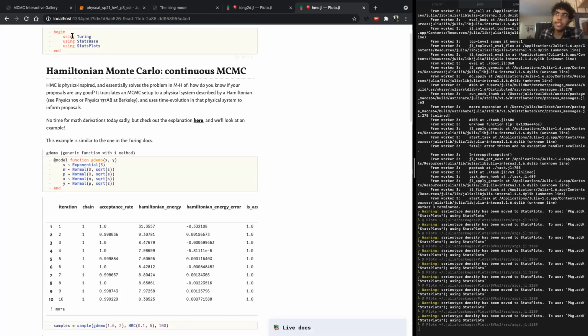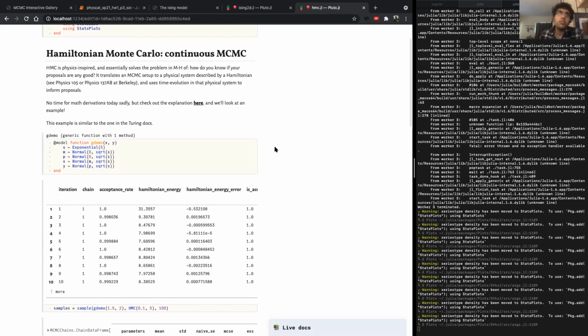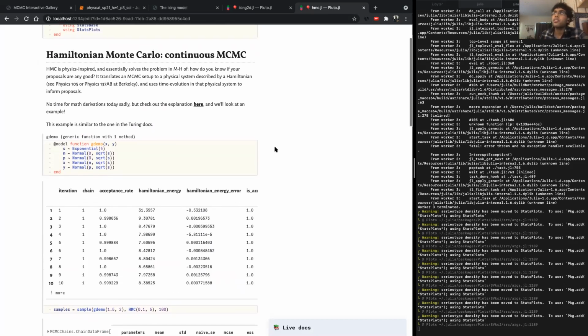So what I'm showing off today is also how this is really done in Julia in the Turing library, which has a bunch of cool MCMC techniques and a bunch of cool other inference techniques that you might want to use. It's a general purpose probabilistic programming framework that you should check out.